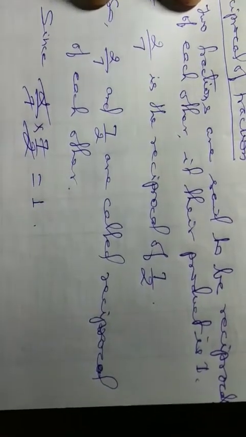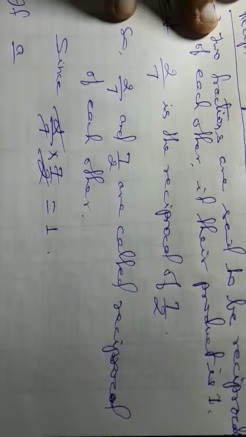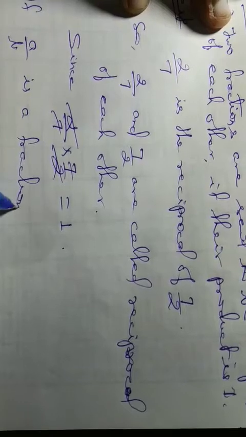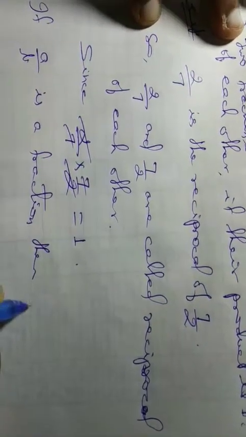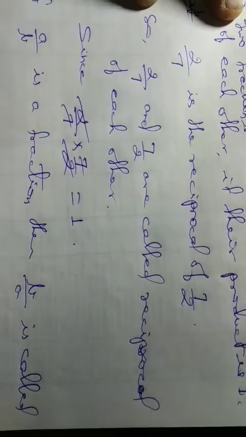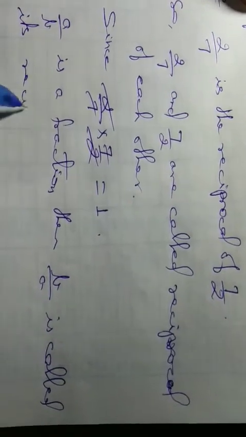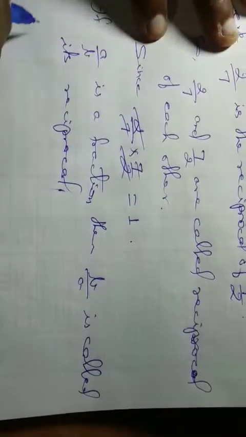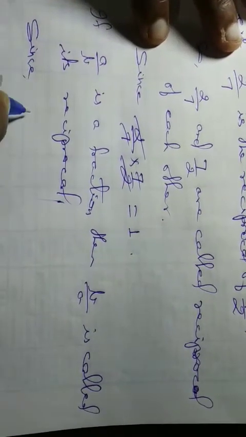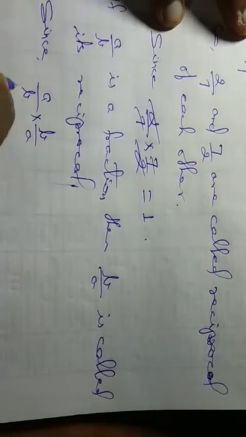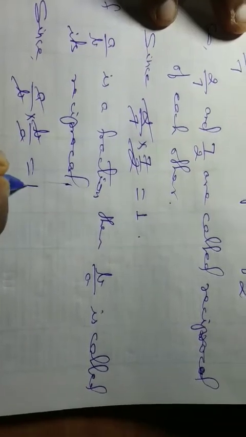If A by B is a fraction, then B by A is called its reciprocal, since the product of A by B and B by A is equal to 1.